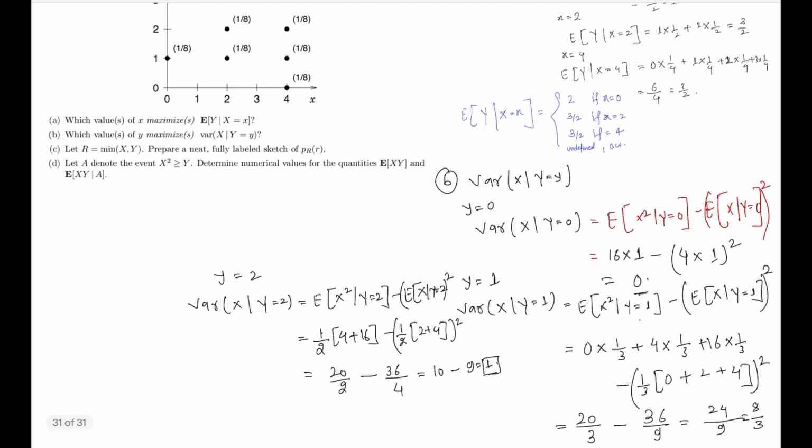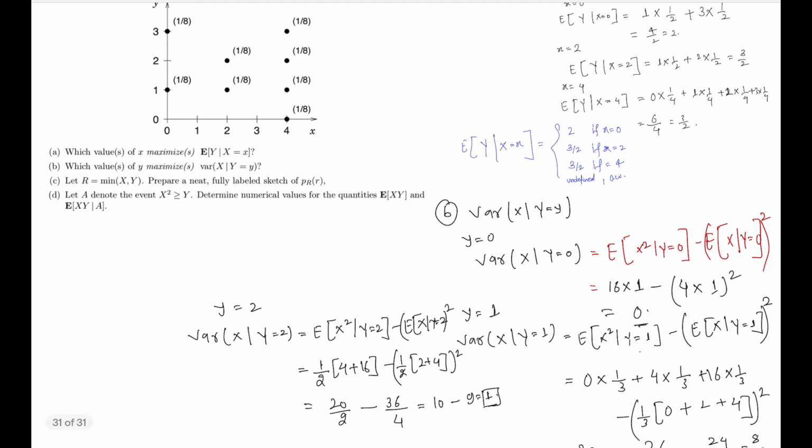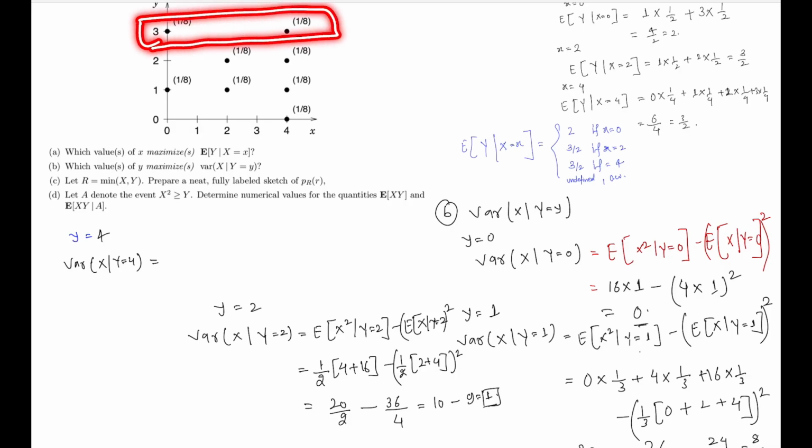We can find it for one more case, that is when y takes the value 3. So in that case, what will be the conditional expectation? Sorry, conditional variance. So when y is equal to 4, then the variance of random variable x given y takes the value 4 will be equal to, so we are residing in this universe, right? The revised or conditional probability of these two will be half. Random variable x takes the value 0. Random variable x takes the value 4.